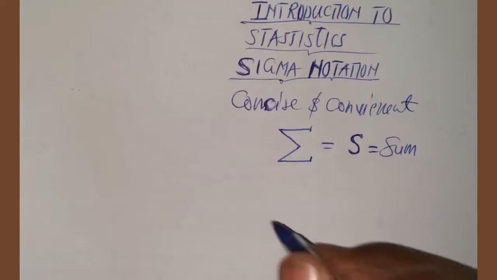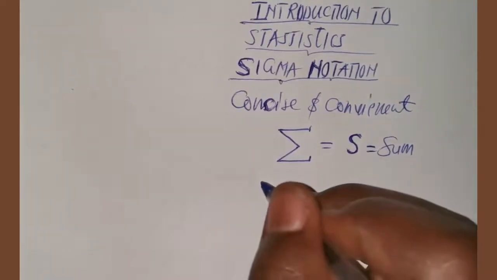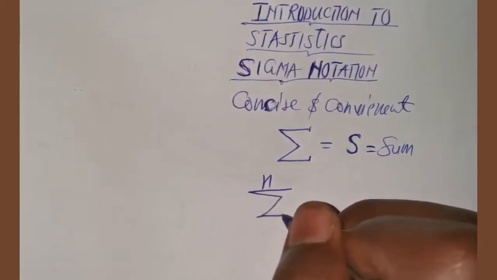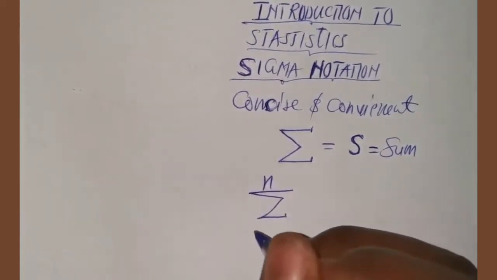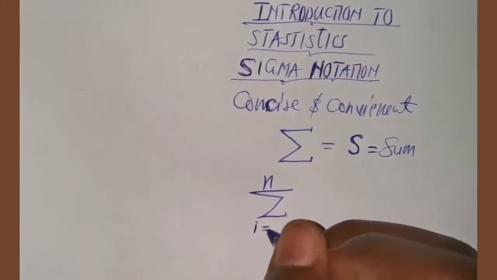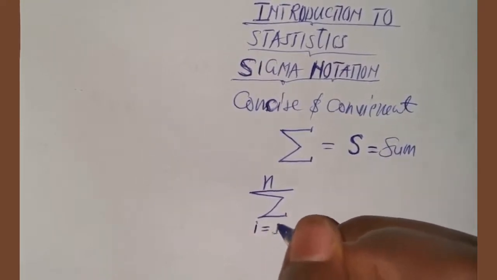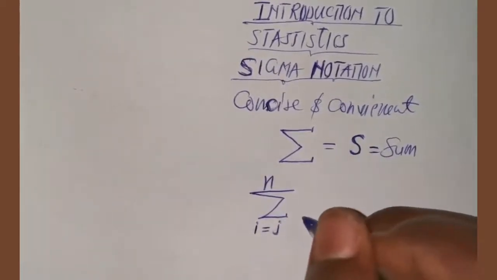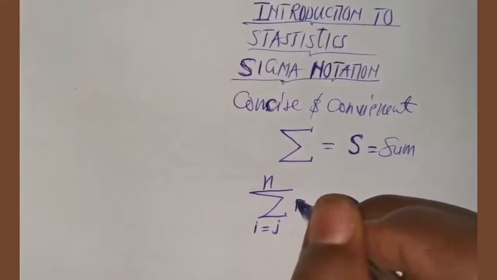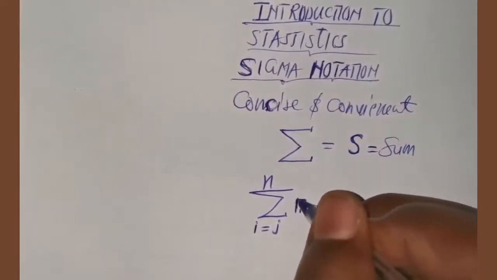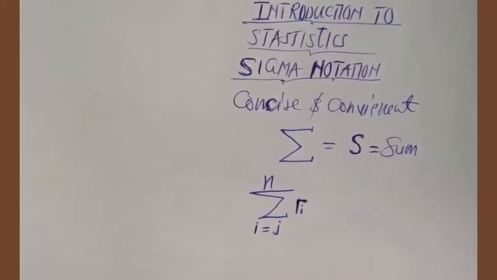So now, if I have n with my summation symbol, then I have i equal to j, and then in front I have r_i. This is how a summation question is represented.